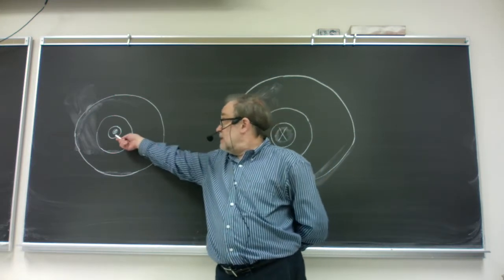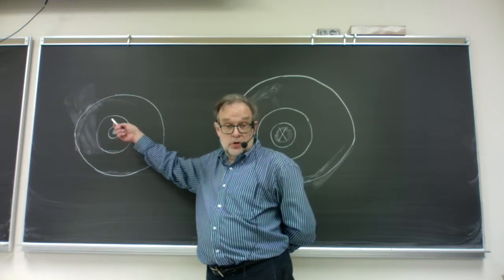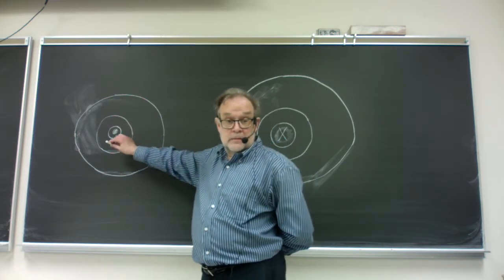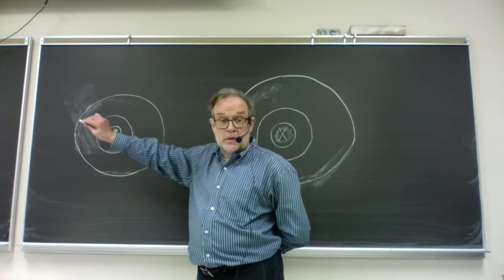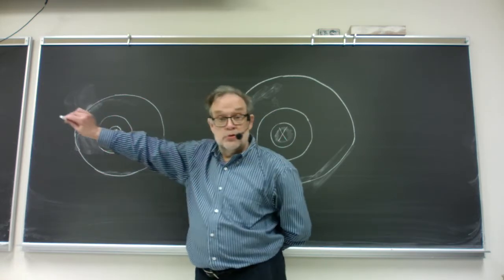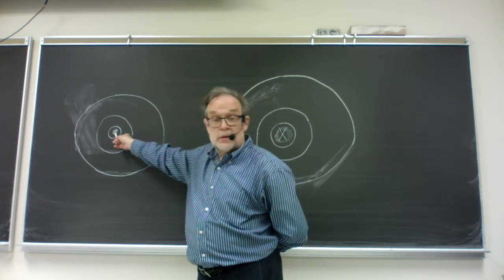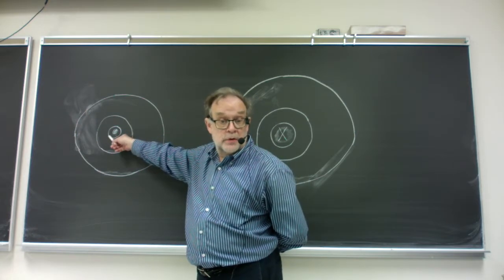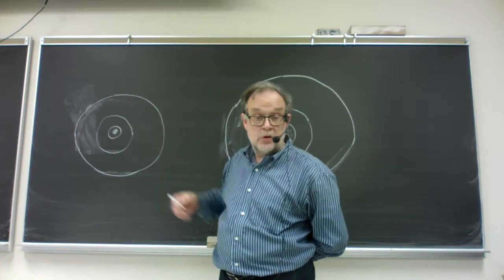And it's this thing here, a dot inside a circle. You can think of it as an arrow perpendicular to the plane of the blackboard, aimed directly at you, and all you can see is the tip of the arrow.